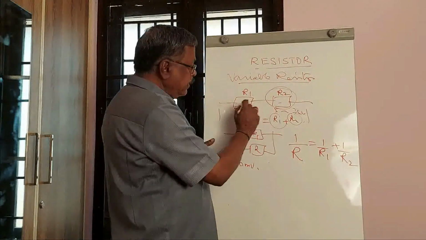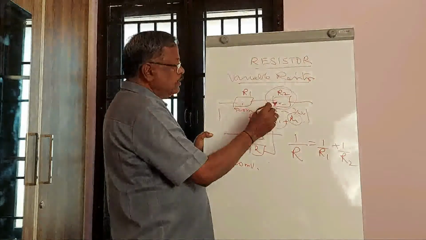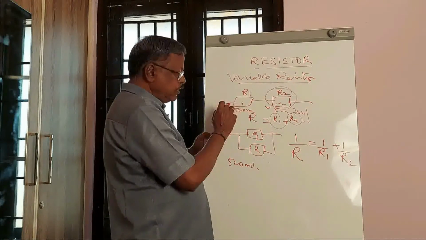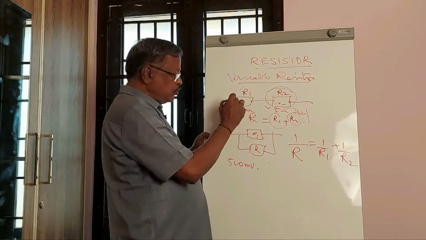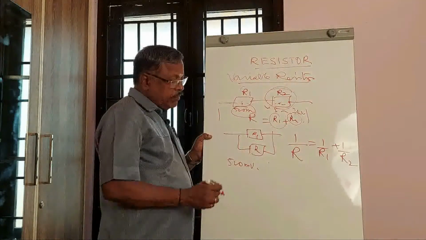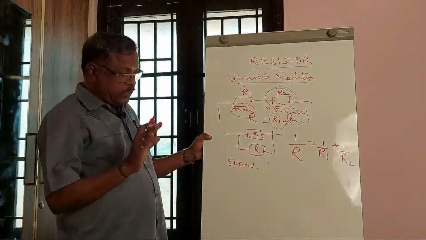Therefore, when you are connecting in series, you have to find out across this what is the voltage, how much current is going to flow, what is the power. Across this, what is the voltage, how much power it is going to dissipate. Accordingly, R1 should be chosen for this, R2 should be chosen like that. When you are connecting in parallel also, the resistor has to be chosen accordingly.